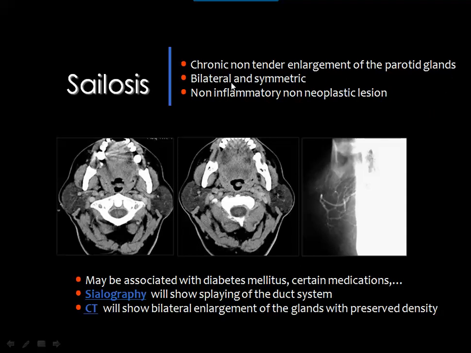They are bilateral and symmetric, and there is no evidence of inflammation or neoplasia. If you did a sialogram, you will get a splaying of the duct system without erosion or displacement, and the CT will show bilateral enlargement of the glands maintaining their density. The importance of this disease is that it is usually associated with some systemic diseases like diabetes mellitus and some medications. So if you diagnose sialosis, you should look behind it.